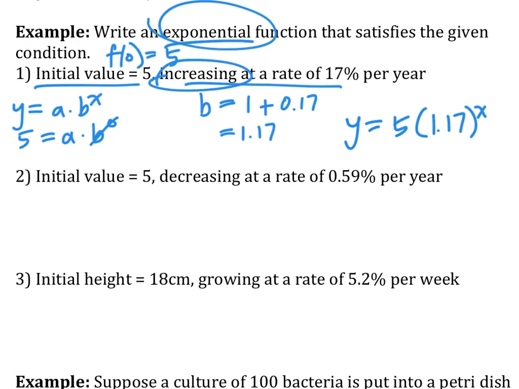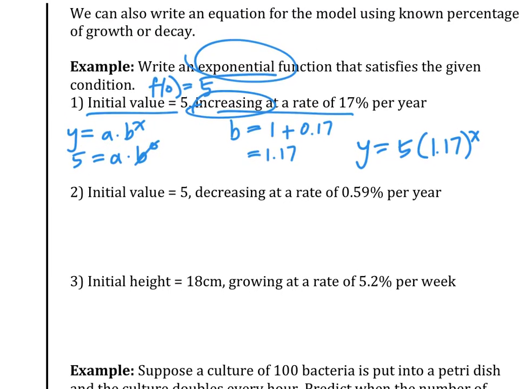Okay, I'm going to do one more, and then you're going to do number 3. Initial value is 5, again, decreasing at 0.59% per year. So A is 5. B is 1, and it's decreasing, so we're going to subtract. Make sure you change it to decimal before you subtract.